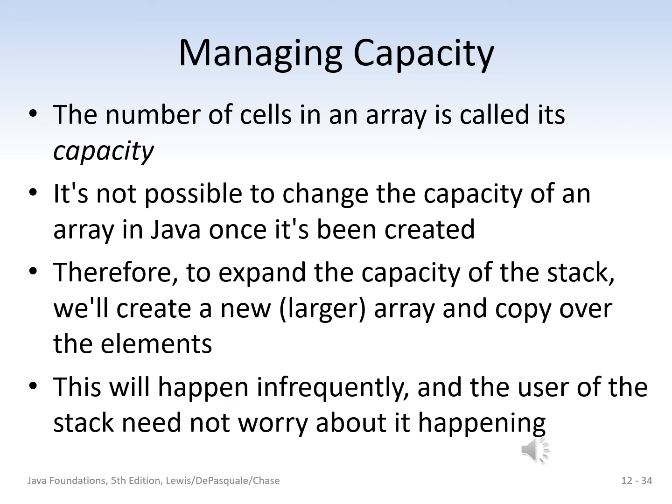And if I remember correctly, the implementation that we're about to explore doubles the size of the initial array when creating the new array, and then stores the elements of the full array into the first 50% of the new doubled capacity array. So this is going to happen infrequently, and the user of the stack doesn't even need to worry about it happening. It will be abstract. You won't even know, and you won't see this.